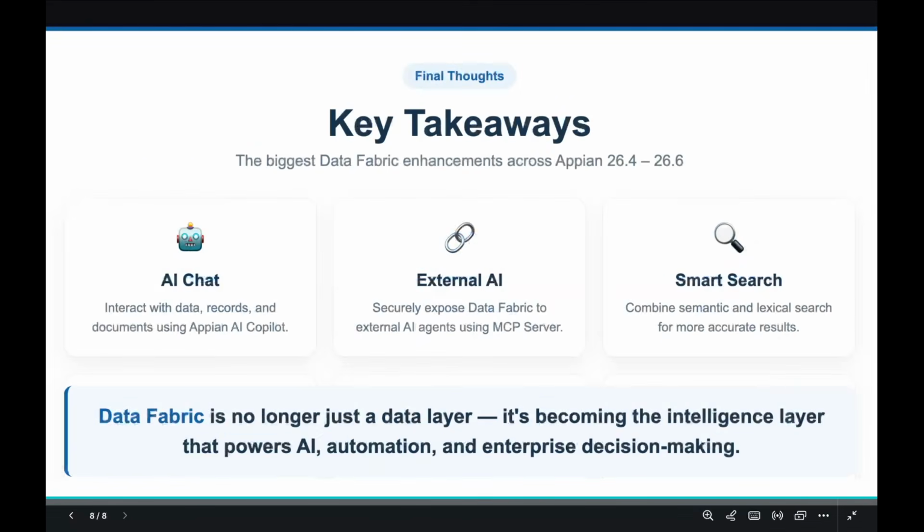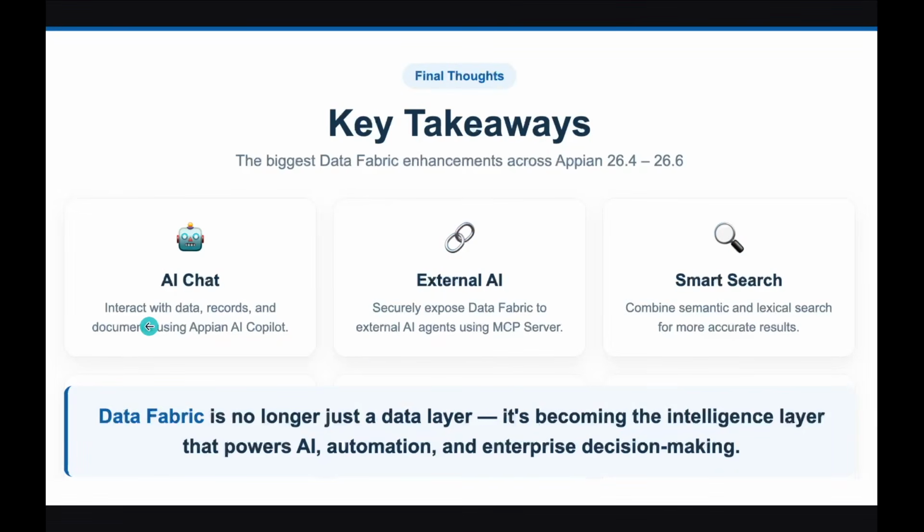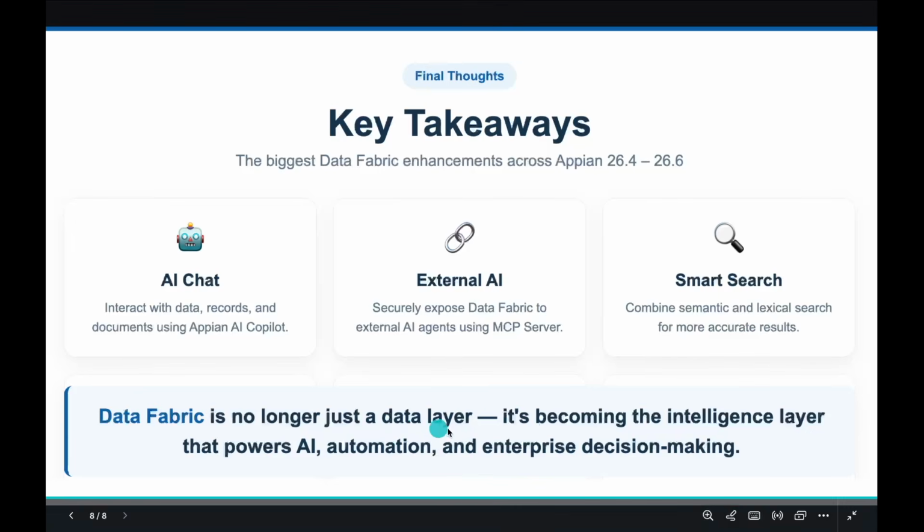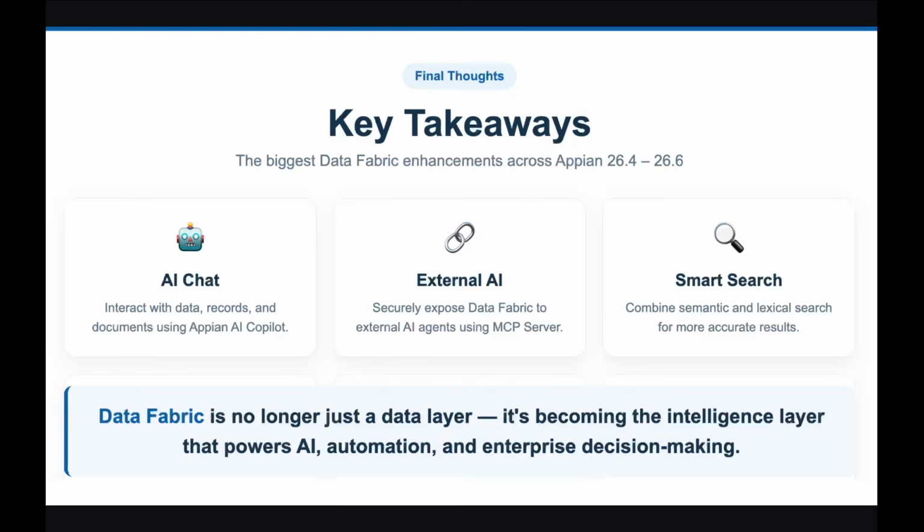So what are the key takeaways? The biggest changes are obviously the AI features which have been added, the capability to connect to external LLMs, the smart search, and the user experience. These are some of the important features which have been added. So it is not just a data layer, it is not just a record to store the data, but it is much more than that, and Appian has been experimenting for a very long time with these features.